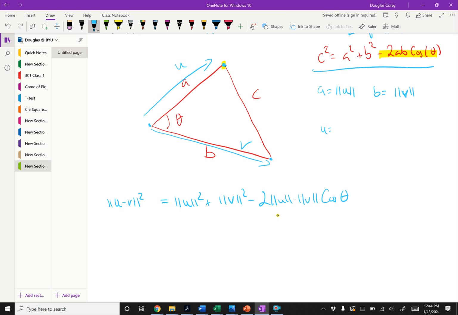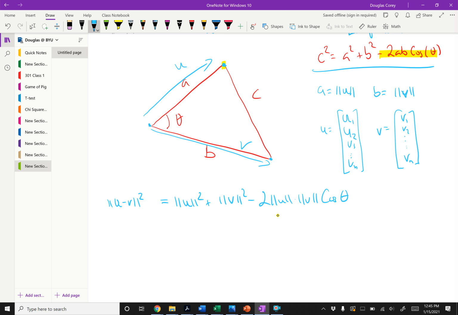So we're going to let u equal u1, u2, u3, dot dot dot, down to un. So this isn't just in the plane. This is supposed to work for vectors in Rn, so however many dimensions we have. So v1, v2, dot dot dot, down to vn.